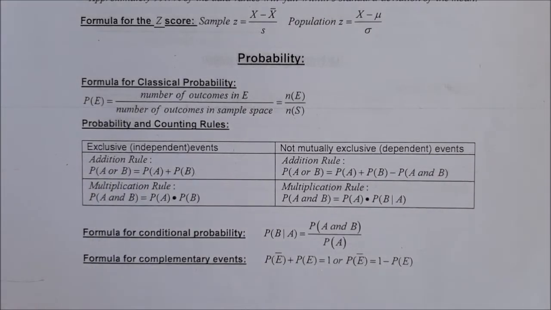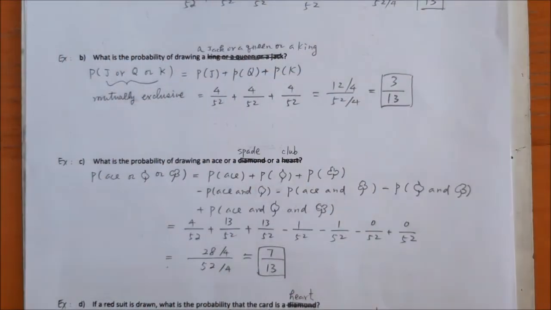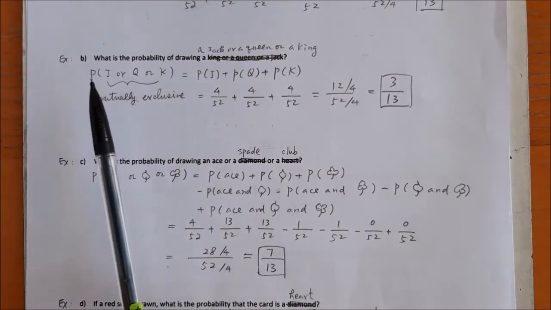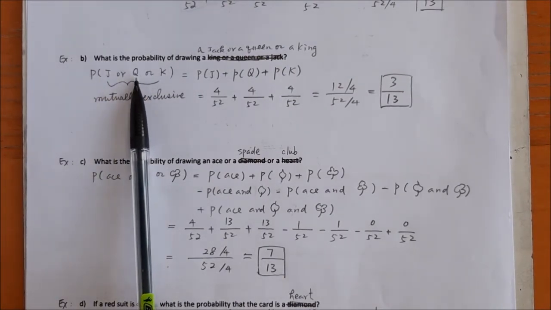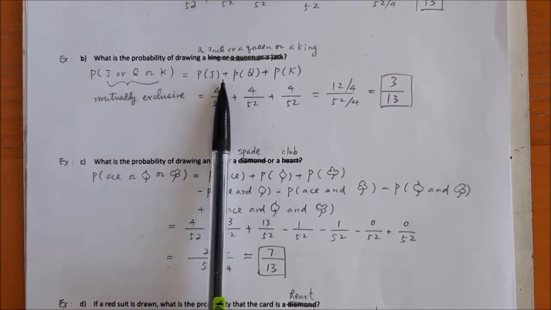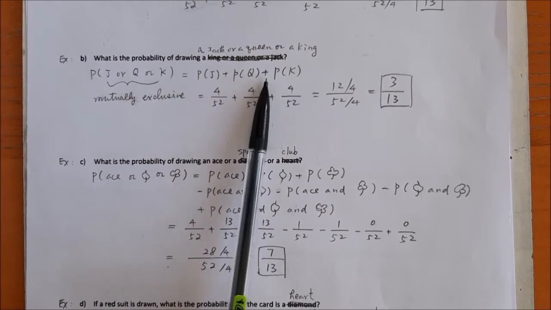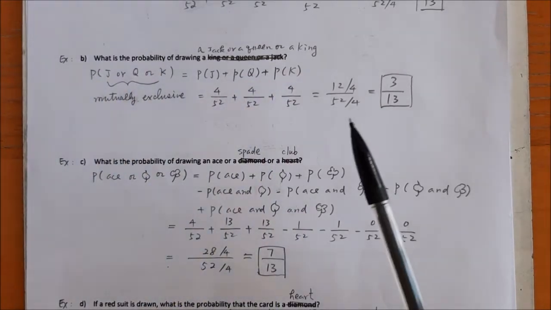A and B are mutually exclusive independent event. Now here has 3 events. So will be probability of jack or probability of queen or probability of king is equal probability of jack plus probability of queen plus probability of king. They are mutually exclusive independent event.